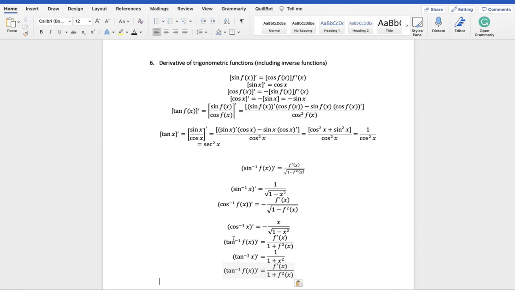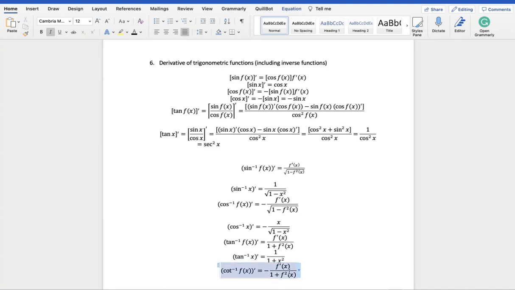If you're looking at inverse functions and you're trying to find the derivative of cot inverse of f of x, that is just equal to almost the same as tan inverse, but now there's a minus at the front there.